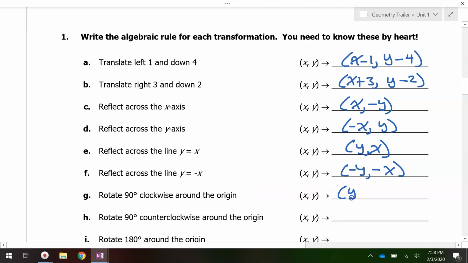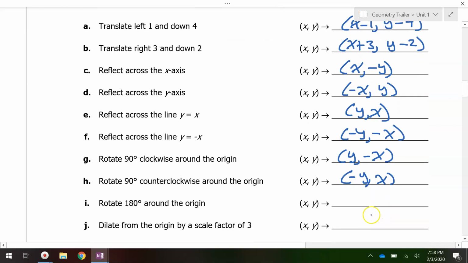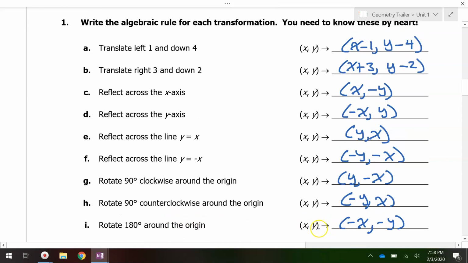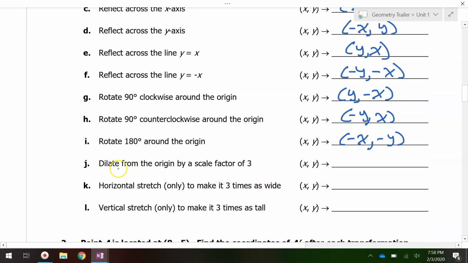That is going to be y, opposite of x. 90 degrees counterclockwise is going to be opposite of y, comma, x. And a 180-degree rotation is opposite of x, opposite of y. All right, so this would be a good set to practice over and over again until you can get these right 100% of the time.